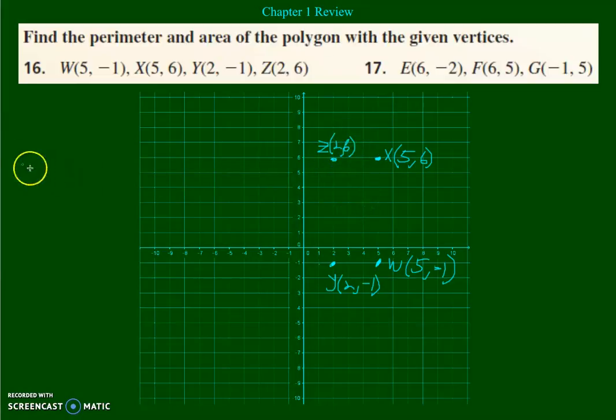We just have your basic quadrilateral here. So let's go ahead and draw in our segments as best we can. Okay, so there we go.